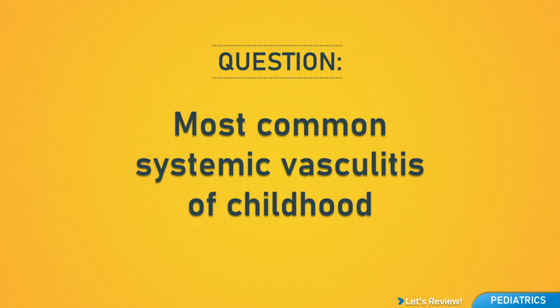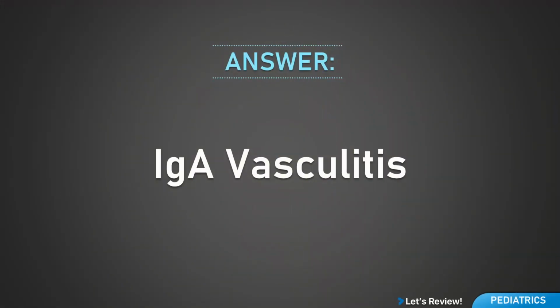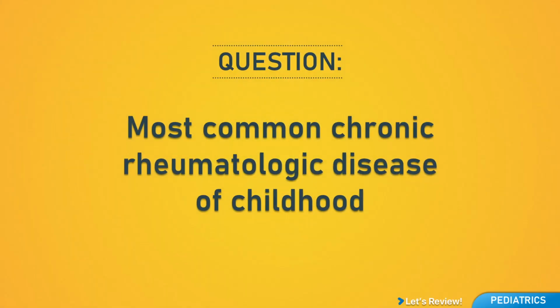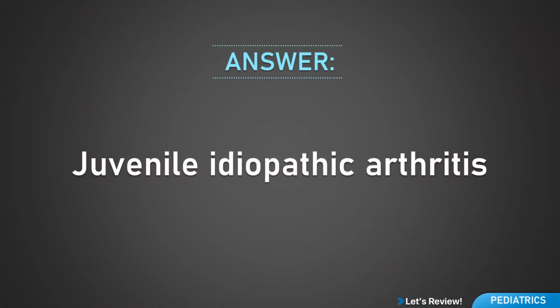Most common systemic vasculitis of childhood. IgA vasculitis. Most common chronic rheumatologic disease of childhood. Juvenile idiopathic arthritis.